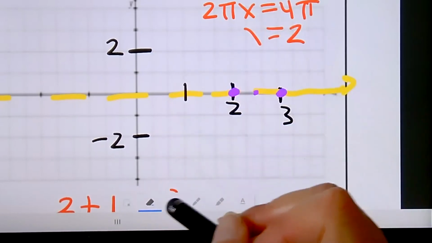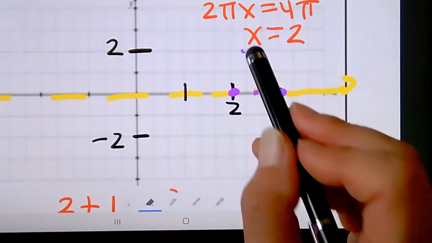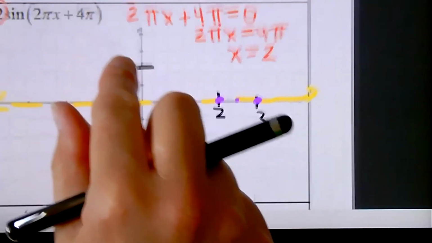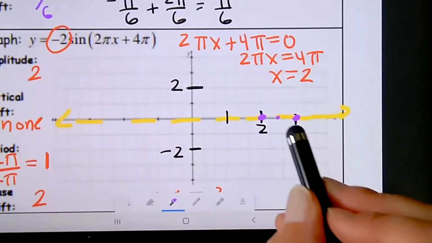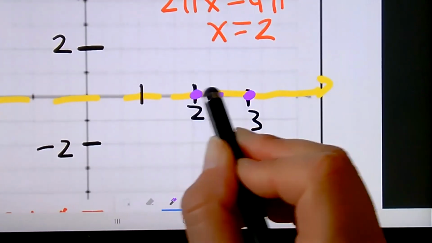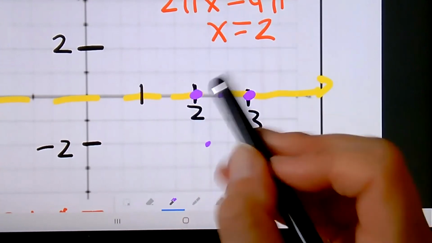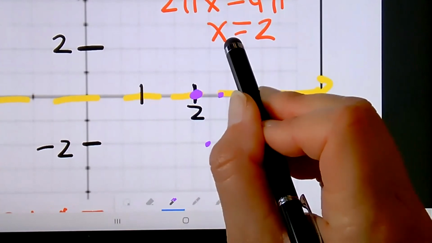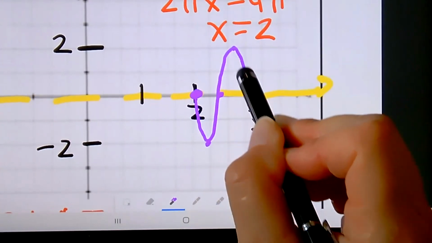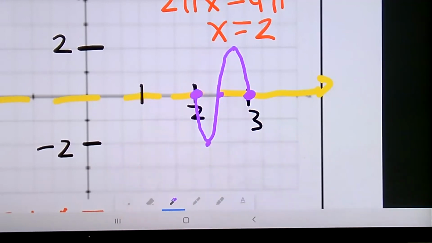It was a -2, so I'm going to be going down 2. Halfway in between these, I'm just approximating, looking at it. And there's my graph. I'm going 1 unit for my whole sine.